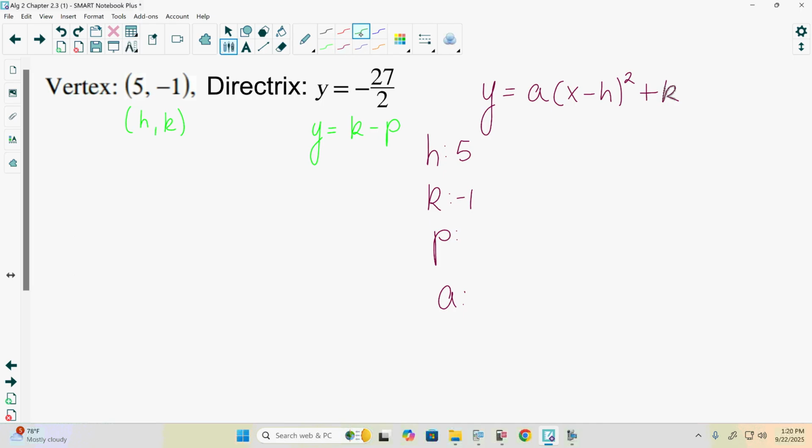Now to find p, the general equation for the directrix, y equals k minus p. They told us y equals negative 27/2. Therefore, k minus p has to equal negative 27/2. We know k is negative 1.